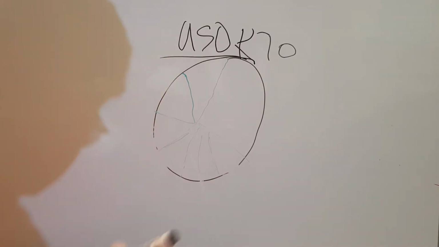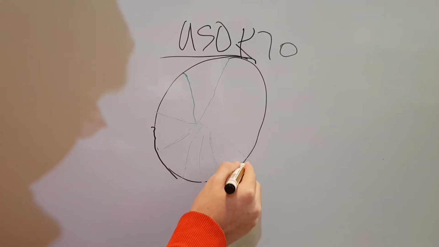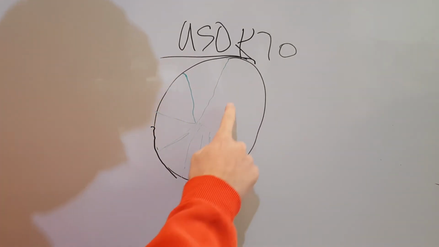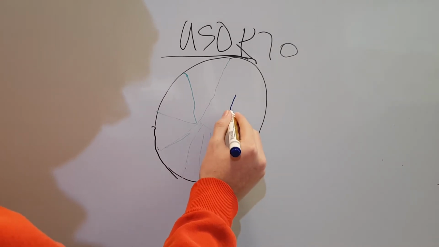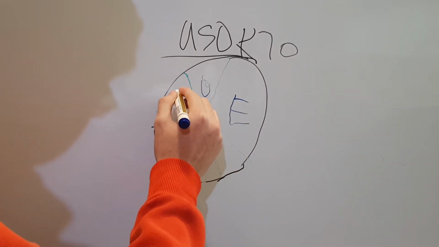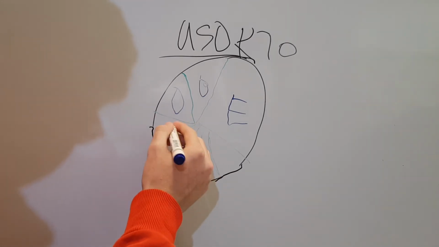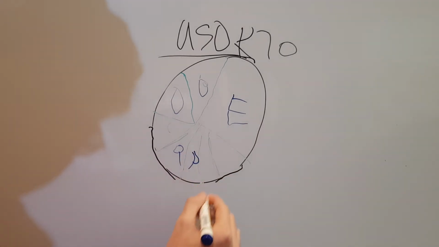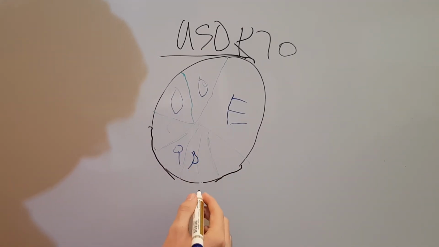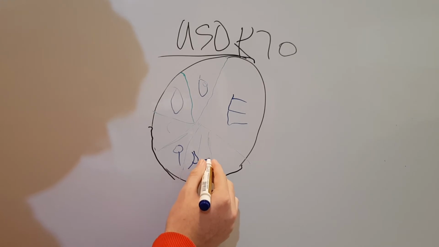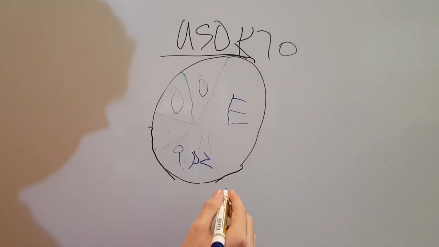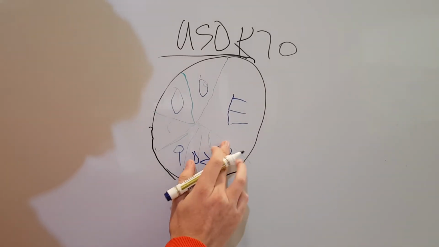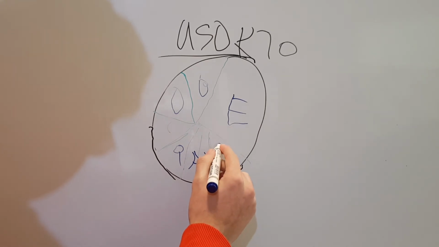Let's call this company E. This is E company, this is B company, this is D company. And let's call it C, Q, P, let's make this Z, and make this one U.